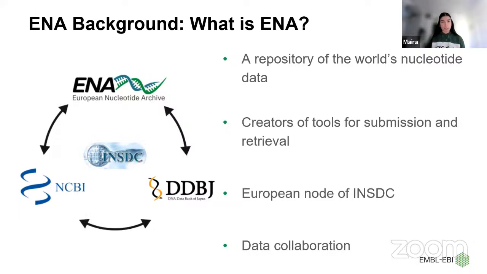These three repositories mirror and exchange data on a daily basis. So if you submit data to one of us, it will be accessible on all three archives. So you do not have to submit data separately to the ENA and separately to GenBank. As long as you are submitting data to one of us, it is exchanged between all three archives and it is accessible more globally.